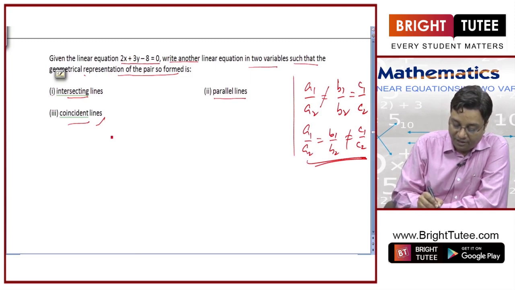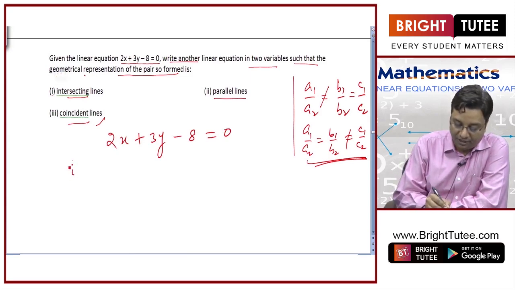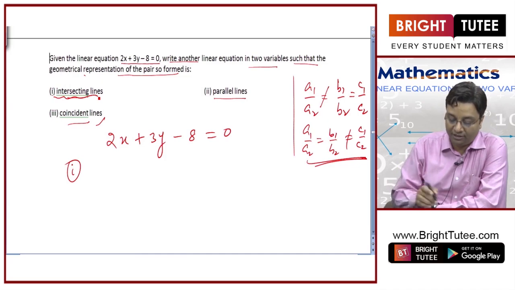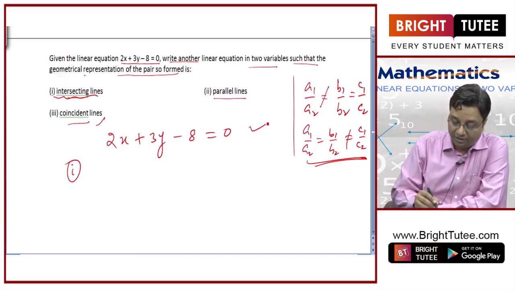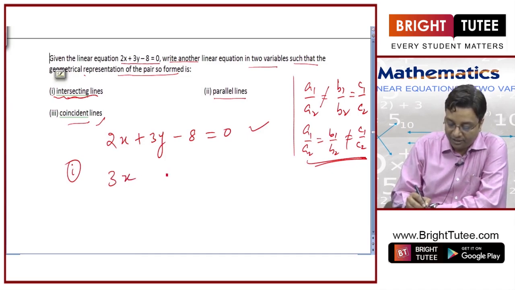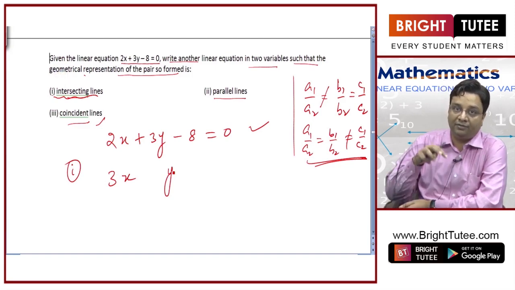Now one equation is given as 2x plus 3y minus 8 equal to 0. So first part, we need to form another equation so that that line intersects with this line. Okay. So let me take 3x here. With y, what coefficient can I take, or let us think the other way around.